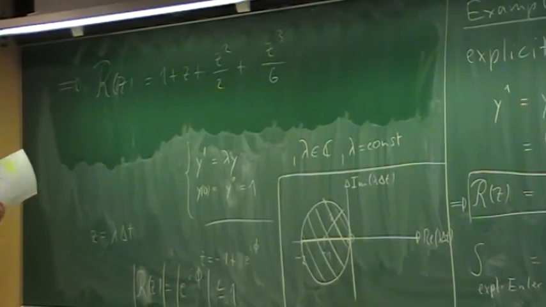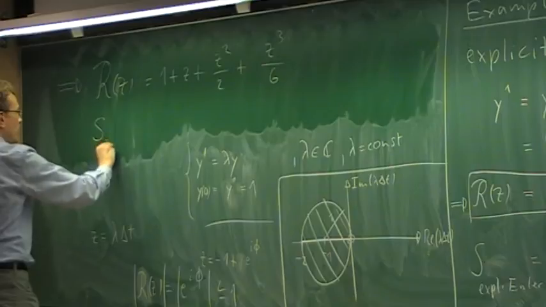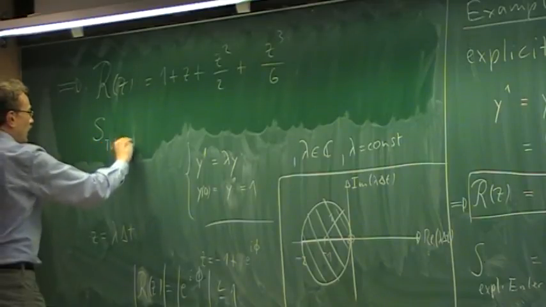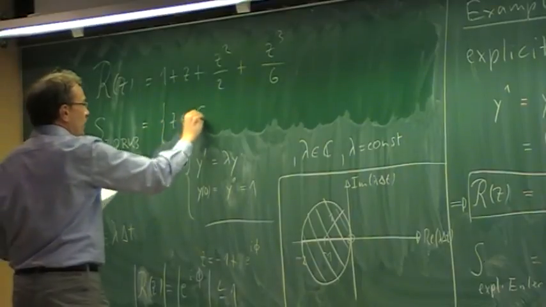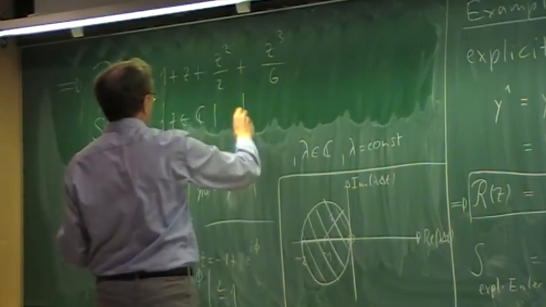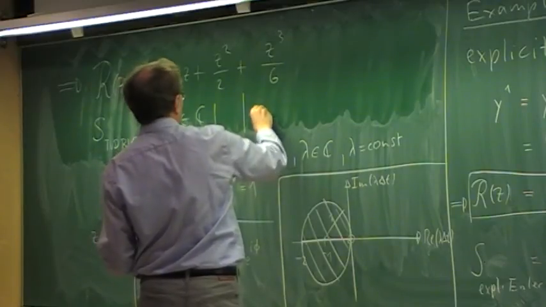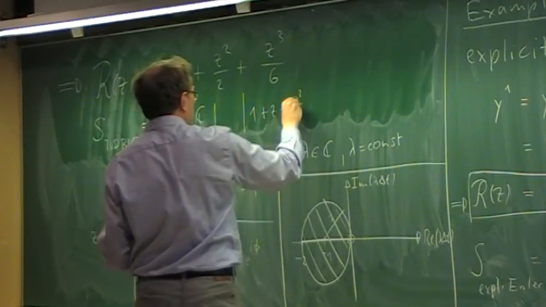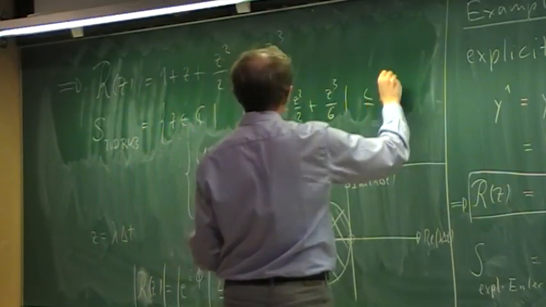And then the stability domain of the TVD RK3 is the set of all complex numbers for which this, in absolute value, that is 1 plus z plus z squared half plus z to the power 3 divided by 6, is smaller or equal than 1.